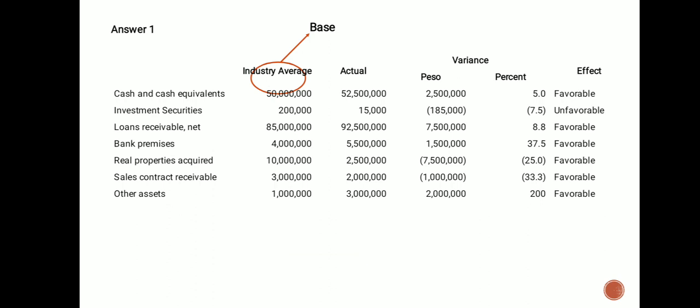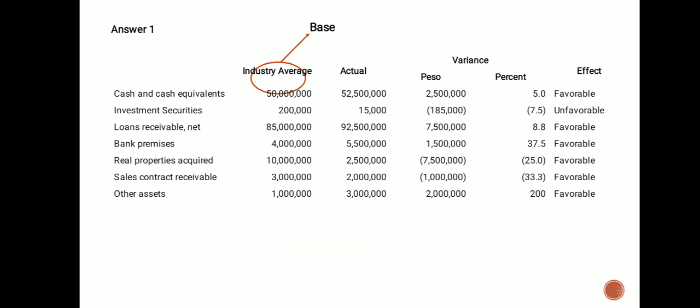If you look closely at the effects of the difference on the accounting values, you may spot some inconsistencies to the rule. Specifically in real properties acquired and sales contract receivable. Okay. They are assets actually, but normally when we speak about assets, if the actual assets increase compared to the base, like in this case the industry average, supposedly it's favorable.